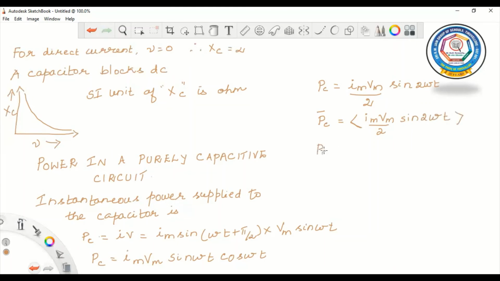So average power is equal to Im Vm by 2. Average value of sine 2 omega t is, you are familiar with that, 0. So the average power over a complete cycle becomes 0. Okay. So since the average of sine 2 omega t is 0 as in the case of pure inductor, the average power over a complete cycle is equal to 0.